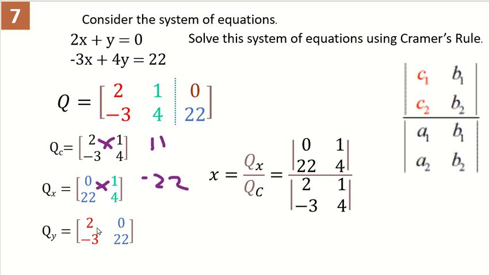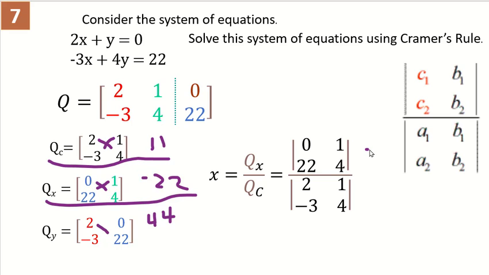And then we're moving over here to the determinant of the Y matrix, 44 take away 0. And then we just put Q of X over the coefficient matrix, the determinant of each.